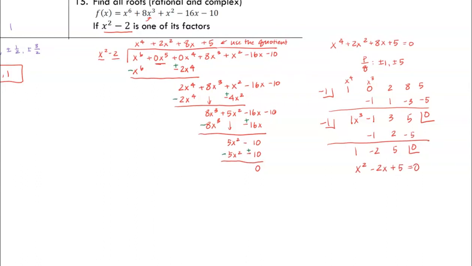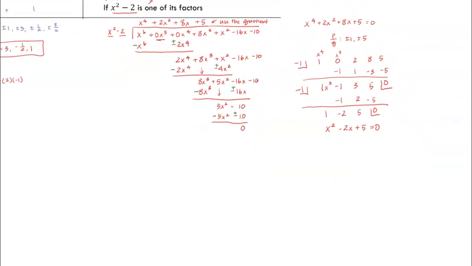quadratic. Okay, and if I look at the discriminant, b squared minus 4ac, what that does is negative 2 squared minus 4 times 1 times 5. So 4 minus 20, which is negative 16. And that is not going to be factorable, so I'm going to use the quadratic formula. One of the good things about using the discriminant to check is that it's part of the quadratic formula, so you could just put it right into that.